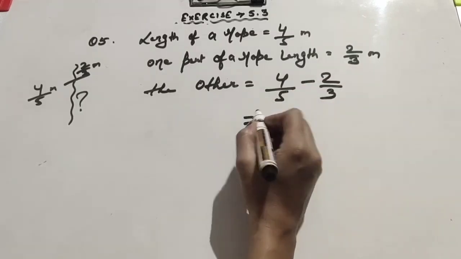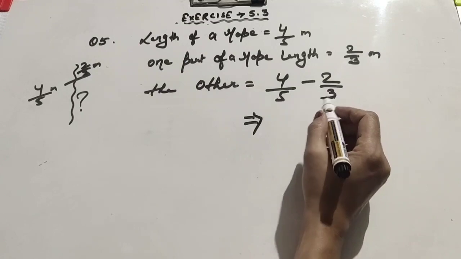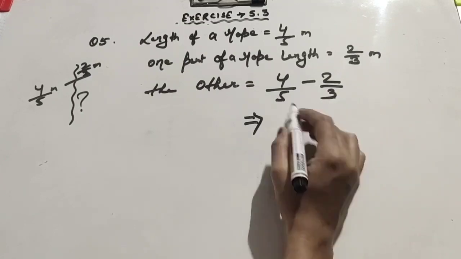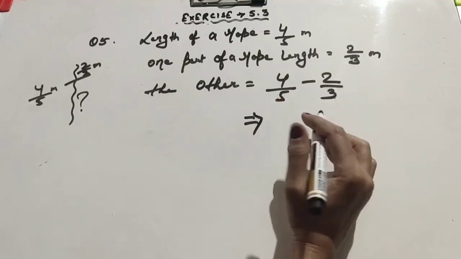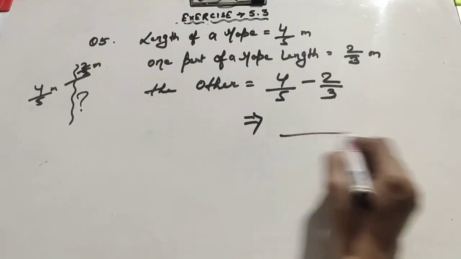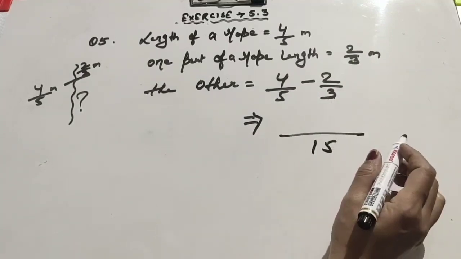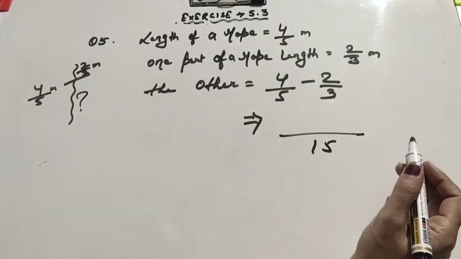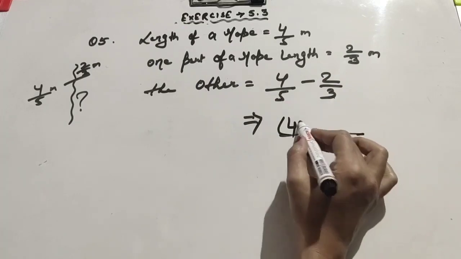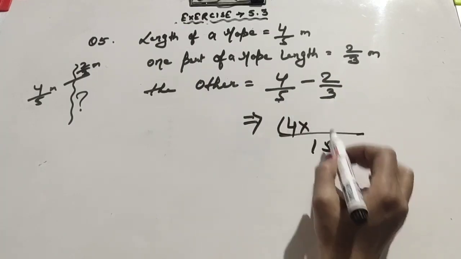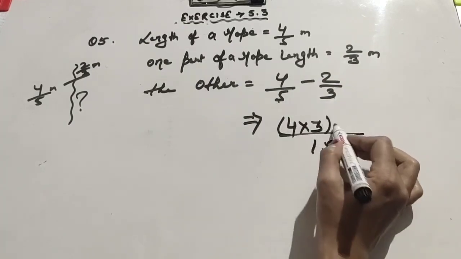Same process, you just take the LCM. 5 and 3 are both different numbers, so different tables will come. So simply you multiply 5 with 3, 15. And if you have confusion, then go with the LCM process. Just write 4 multiply sign. In the 5 table, 15 will come how many times? 3 times.